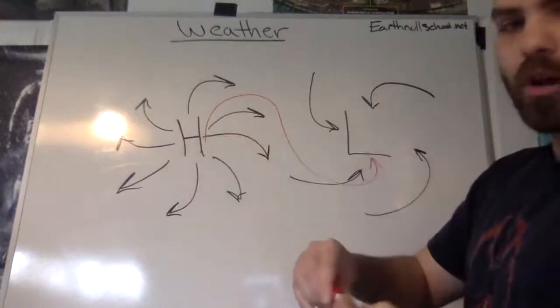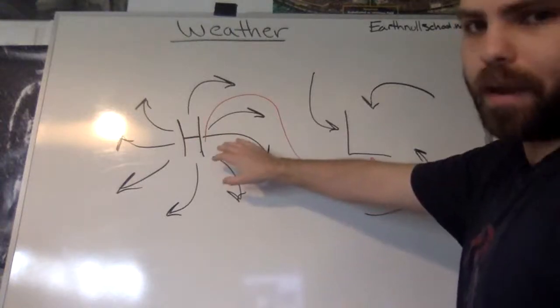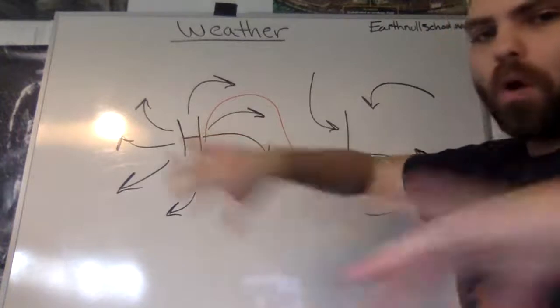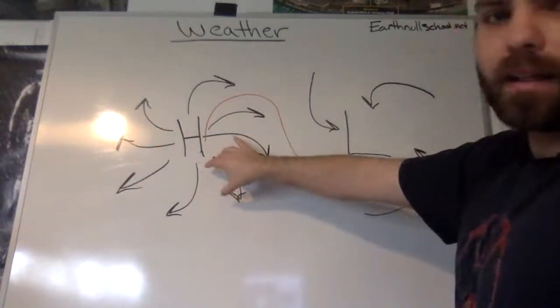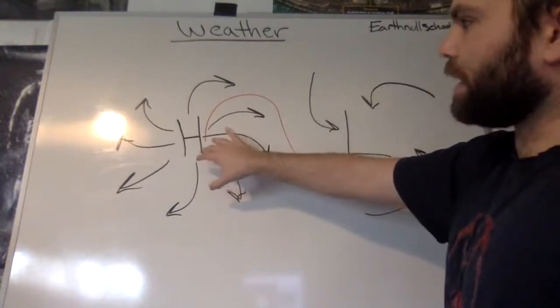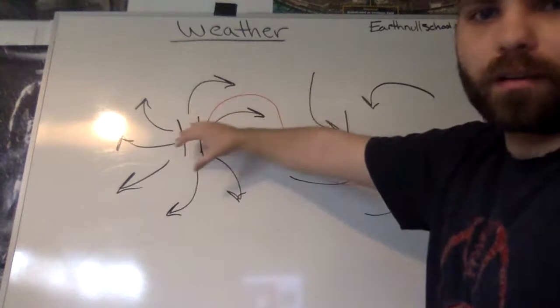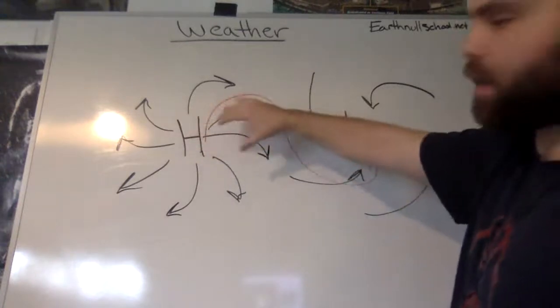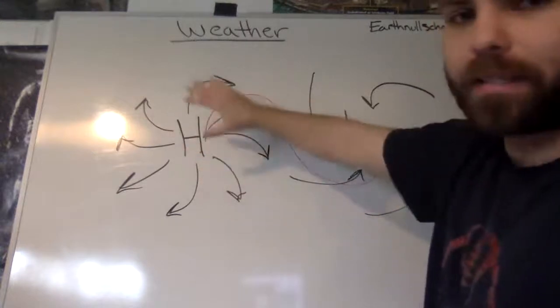Since you're a high pressure system, again, we're going to go over this later in the week and next week. Since all that wind is going out in different directions, there's not a lot of cloud coverage. So basically, there's not going to be a lot of weather here because everything's getting pushed out. When we think about clouds, we think about rain. If everything's getting pushed out, this is going to be a nice clear day.